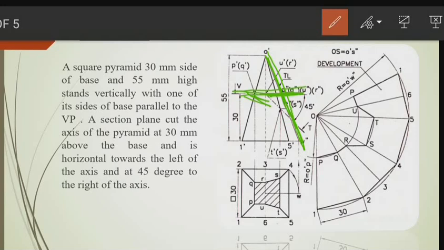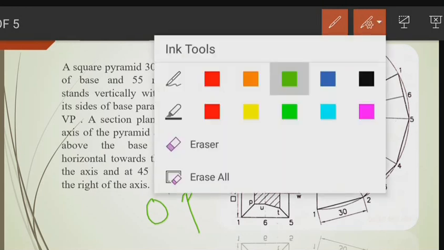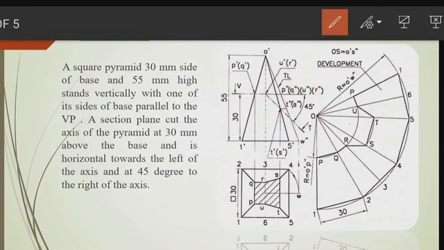Okay, so that length, O dash P double dash length, that is this horizontal line length, we will take it, and just draw an arc here, and draw the complete arc up to here, from here to here.